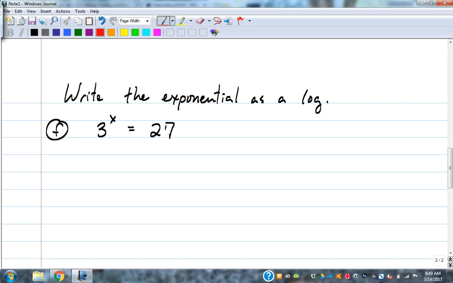So what's the base on the side that's got the exponent? 3. So when we rewrite it as a log, it's log base 3. That's it. Whatever the exponent is, that's what the log is equal to. And then whatever the exponential is equal to is what you're taking the log of.